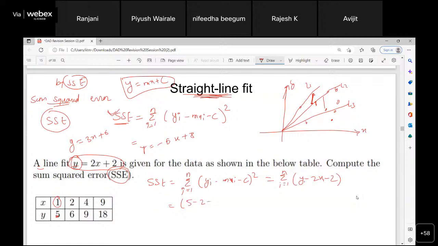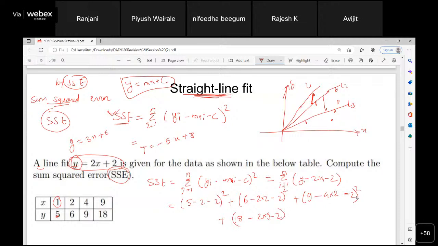So (5 minus 2 minus 2) squared plus, for all the 4 elements you have to find it, right? So (6 minus 2 into 2 minus 2) plus (9 minus 2 into 4 minus 2) plus (18 minus 2 into 9 minus 2).